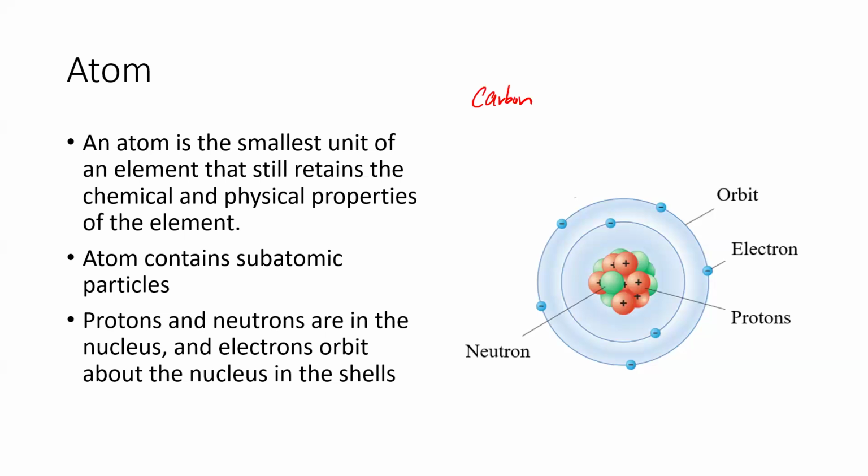Okay, so it's the smallest unit of that element that still retains the physical and chemical property of that element. All the carbon atoms will behave like carbon, but they will behave differently compared to, say, oxygen atoms. Okay, so the smallest unit of an element is the atom.